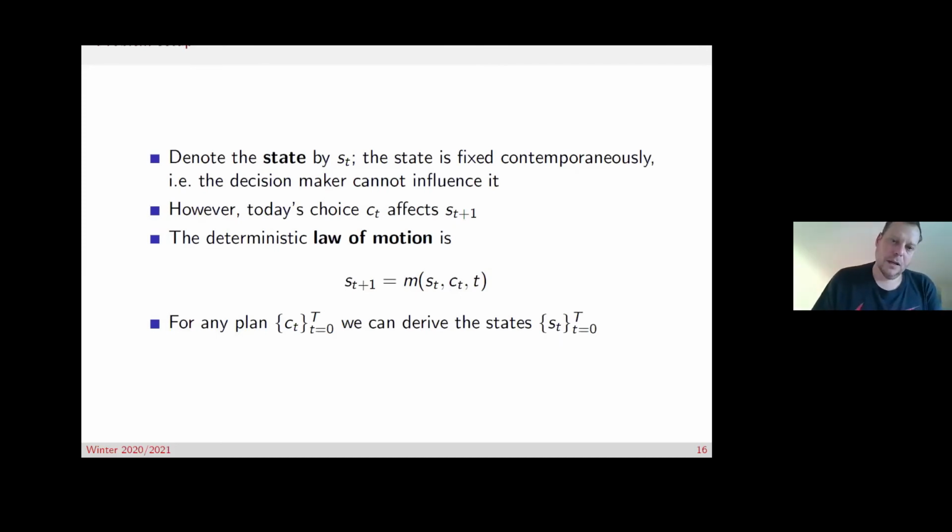Again, think about the self-driving car. Suppose that you have a plan, a sequence of what you do with your steering wheel. Okay, this is the sequence of the controls. Once you know that, and once you know how the turning of the steering wheel affects the position of your car, you can, for every plan that you pick, describe where your car is.